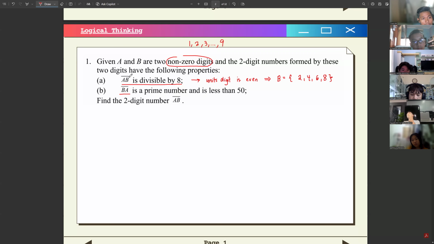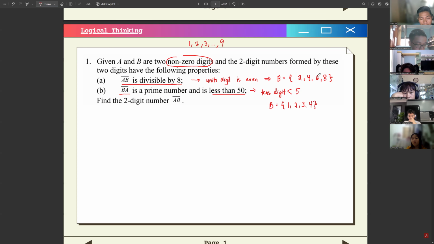So if you flip the two digits to form a different number, BA, it should be a prime number that is less than 50. So if it's less than 50, that means the tens digit is less than 5, right? Meaning, what's our tens digit here? It's B again, no? It's B this time. So the possible values for B are 1, 2, 3, and 4.